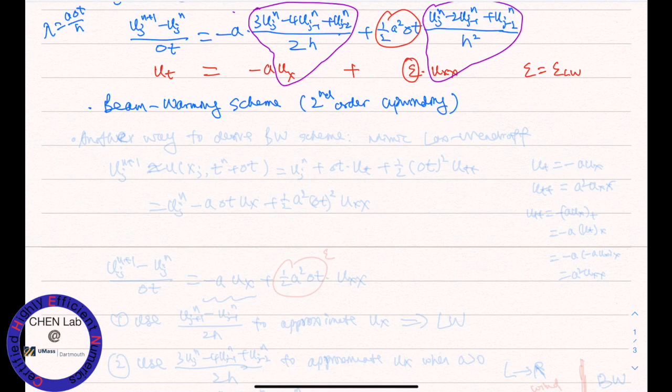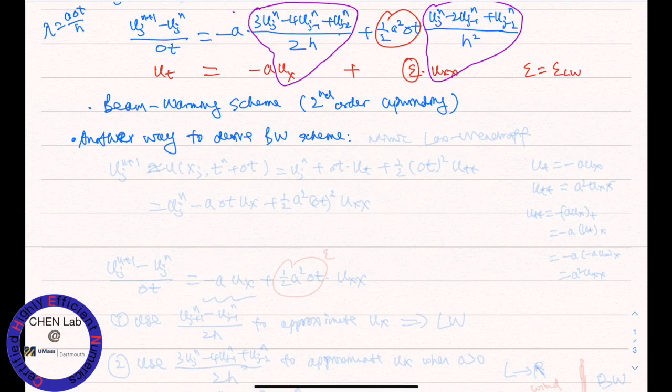Another way to understand, to derive this scheme, which better shows its relationship with the Lax-Wendroff, another way to derive this Beam-Warming, we're going to call that BW scheme.